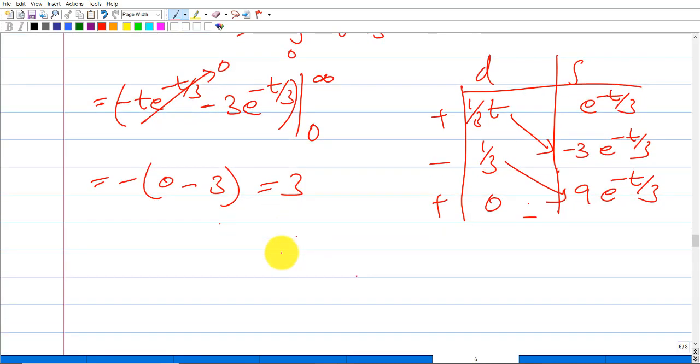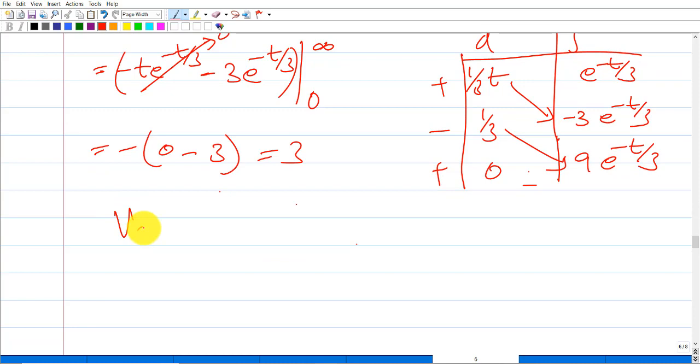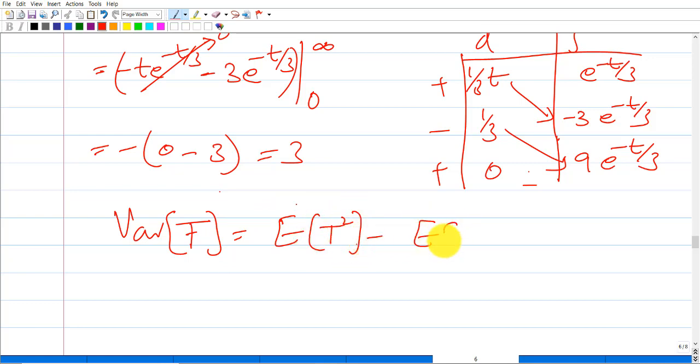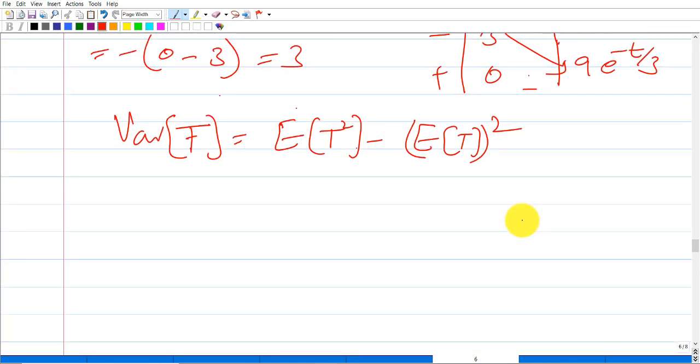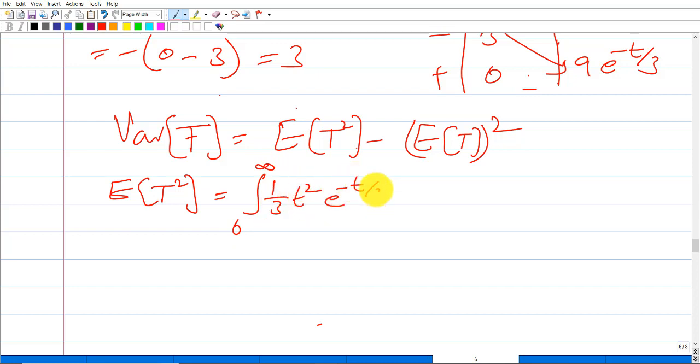Similarly, we can find out the variance, but for the variance of this t, we need to calculate the second moment of t minus the square of the first moment. So we need to calculate the second moment. The second moment would be simply integral from 0 to infinity of 1 over 3 t square e raised to power minus t by 3 dt.